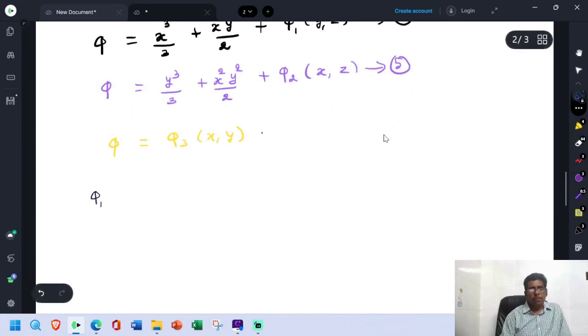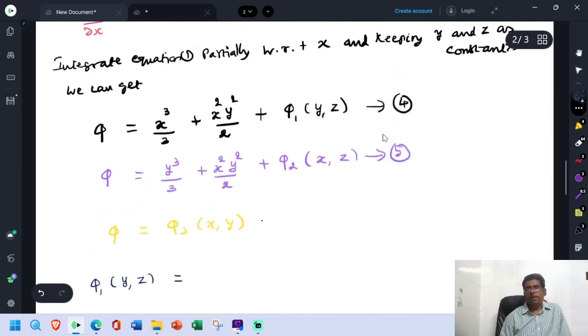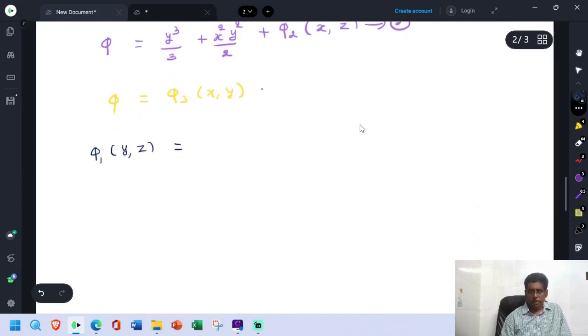φ1 of y comma z equal to terms of φ independent of x.